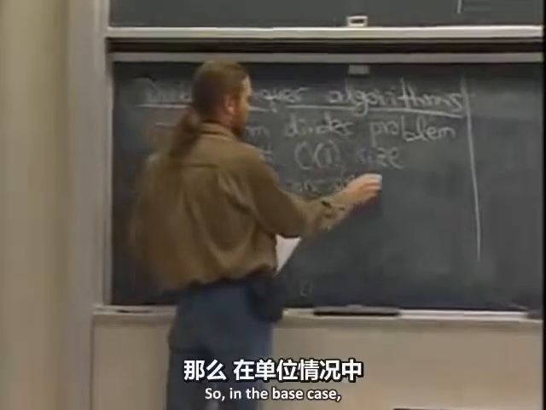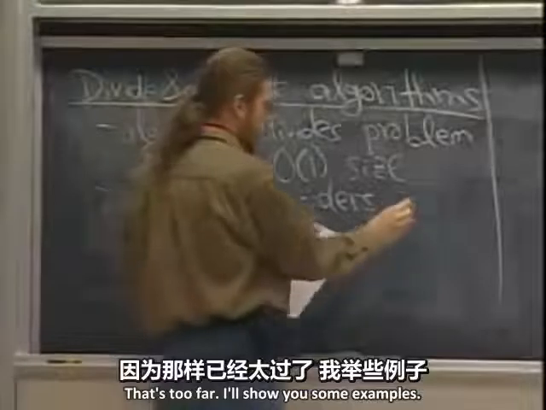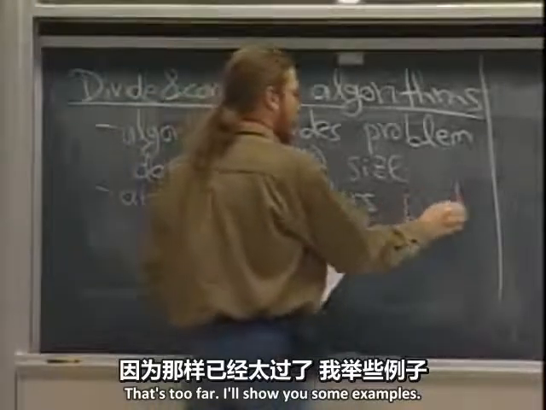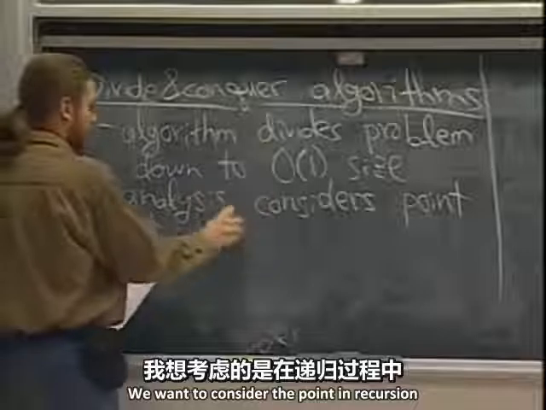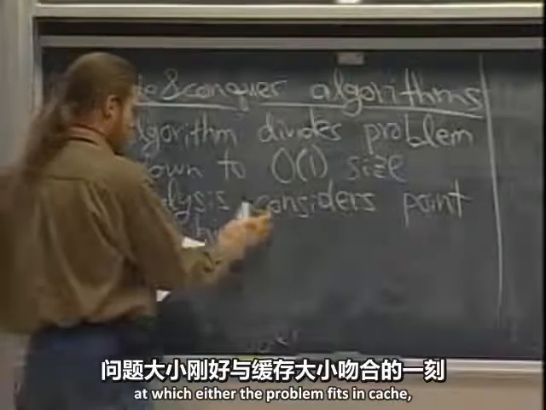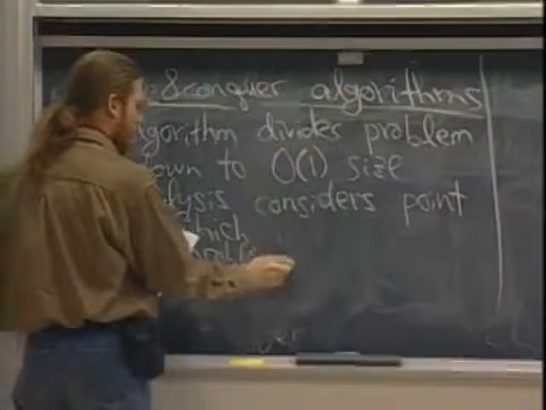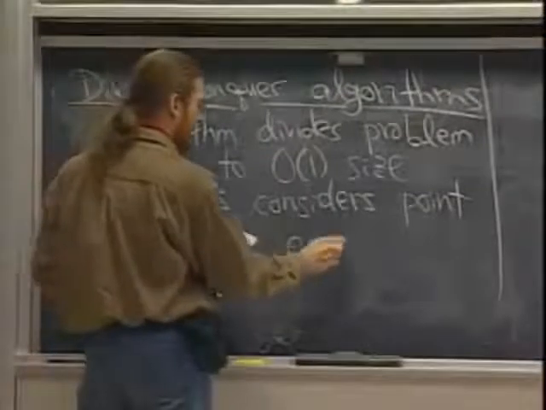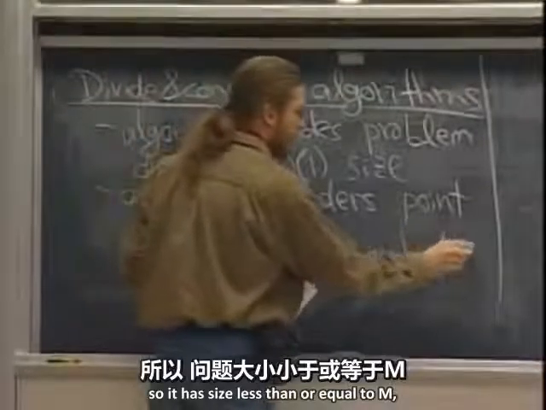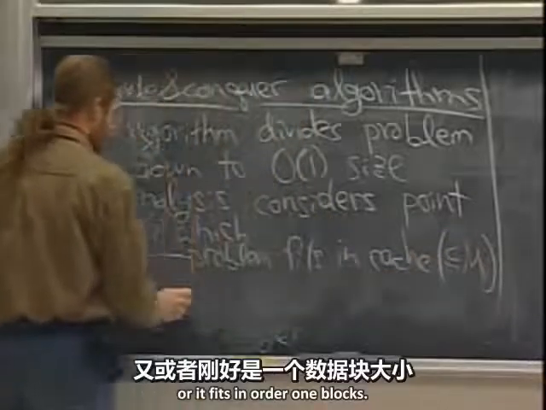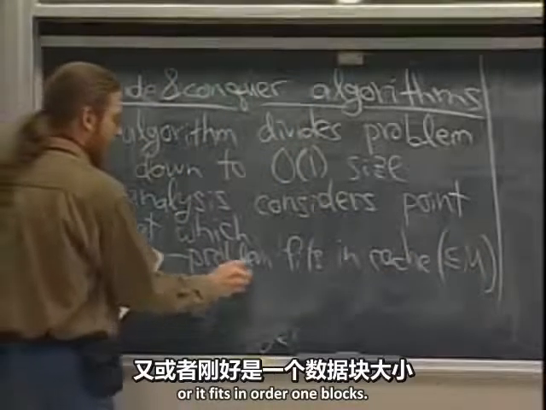So in the base case, we don't want to go down to a constant size. That's too far. I'll show you some examples. We want to consider the point at which the recursion, either the problem fits in cache, so it has size less than or equal to M, or it fits in order 1 blocks.